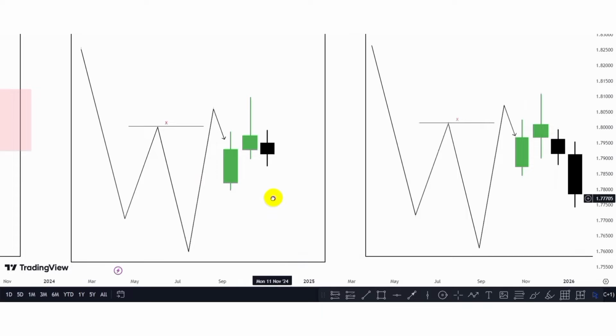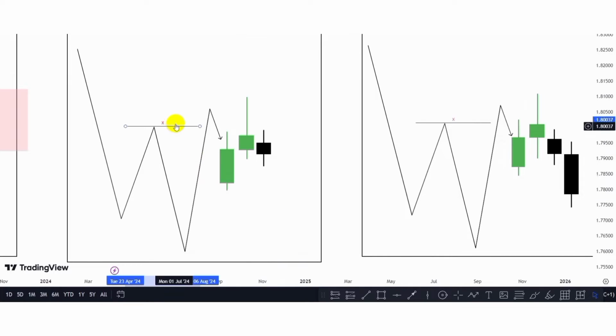So guys, in this other example, we can also see that price swept the inducement level, price took out liquidity to the upside, and then you can also now see that this candle also swept the high of this previous candle, also took out the liquidity of this previous candle.